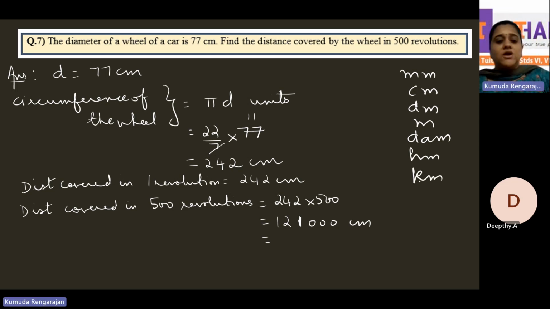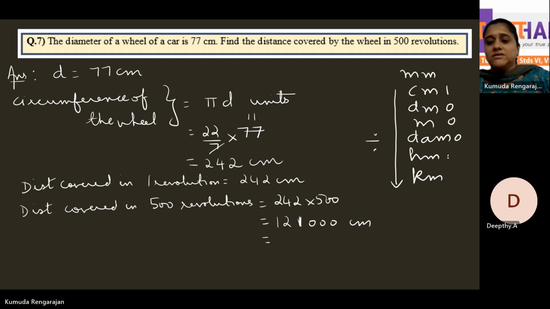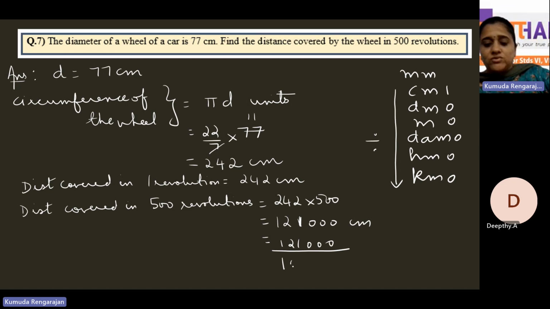All right. So now how do you convert centimeter to kilometer? Centimeter to kilometer, you're coming down the chart, so you'll have to divide by 1 followed by so many zeros. You all remember this? So 121 followed by 3 zeros divided by 1 followed by 5 zeros: 1, 2, 3, 4, 5.